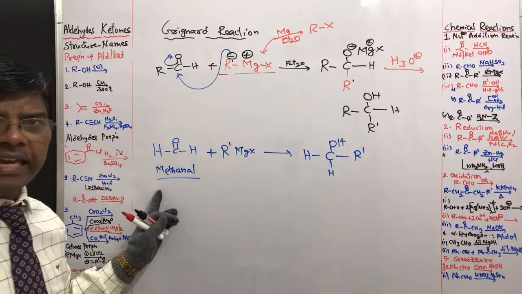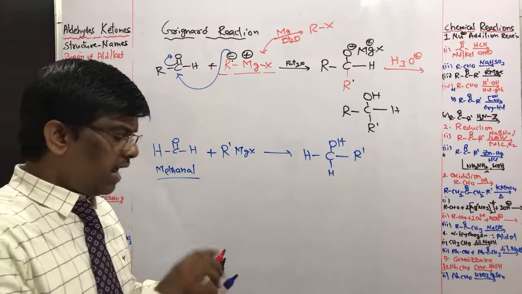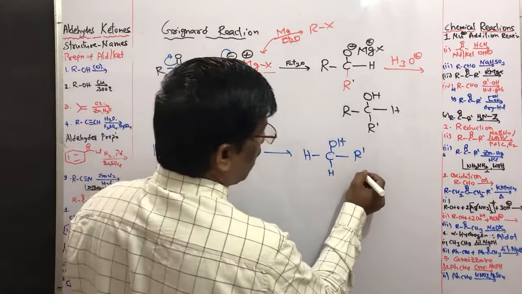So only formaldehyde can give primary alcohols, and for the remaining aldehydes, let me take a specific example.